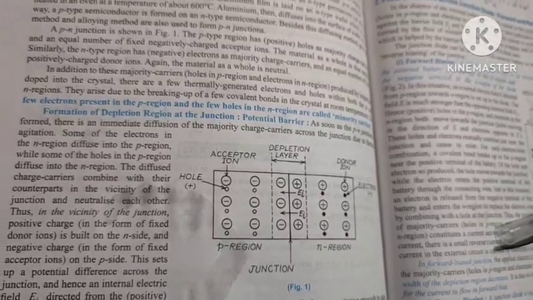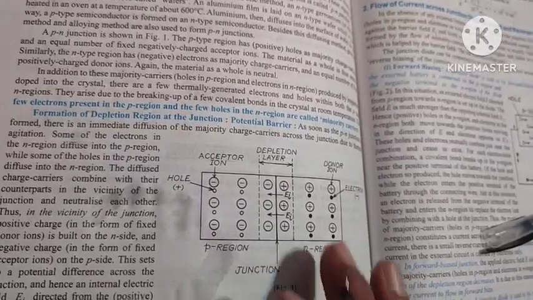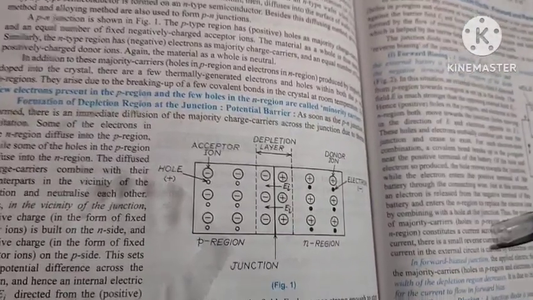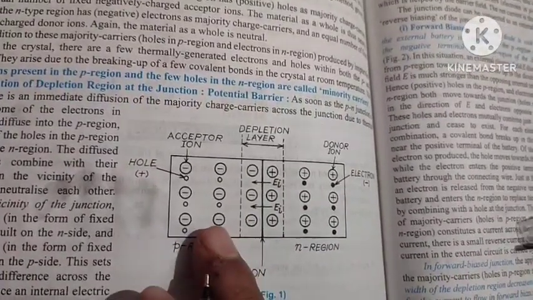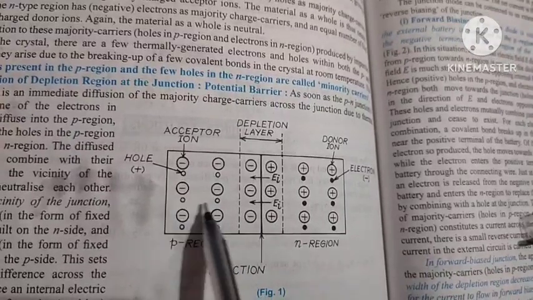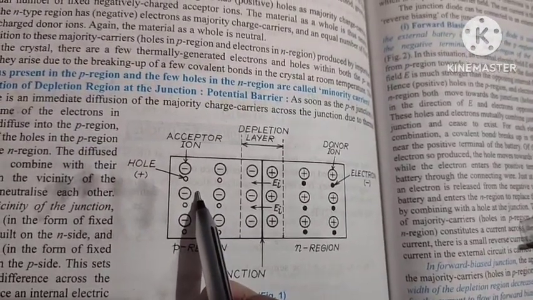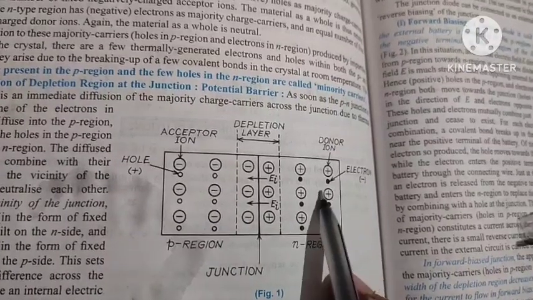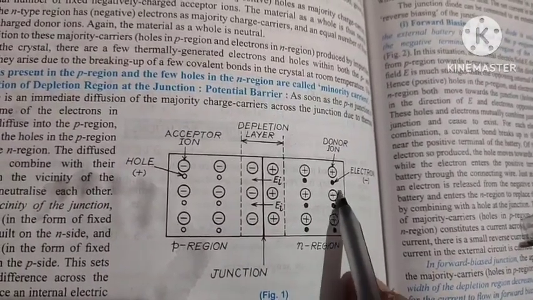Let's try to understand what happens in the p-n junction diode. In p-type semiconductor, the majority charge carriers are holes, positive charge holes. In n-type semiconductor, the majority charge carriers are electrons.